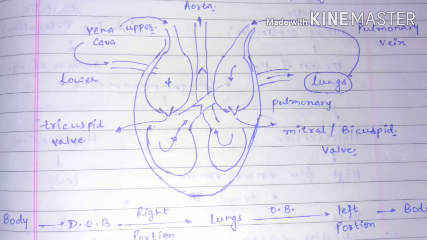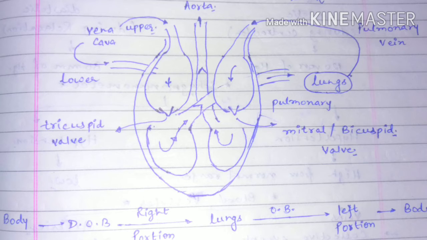Then whenever this chamber is completely filled by the blood, the tricuspid valve opens and the whole deoxygenated blood enters into the right ventricle.